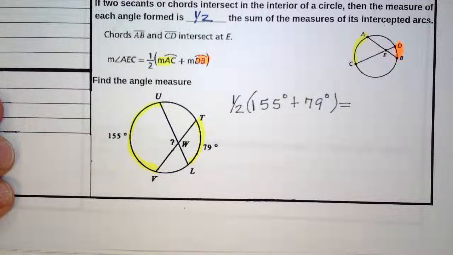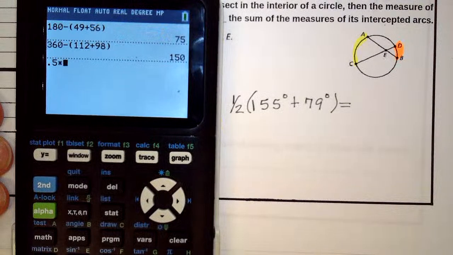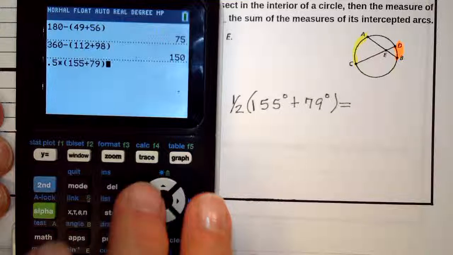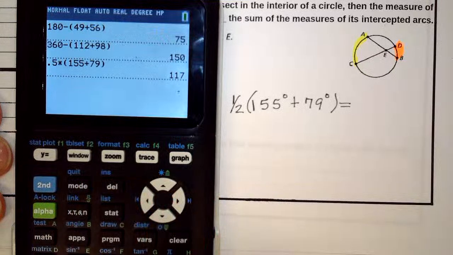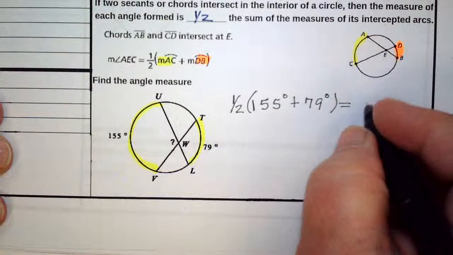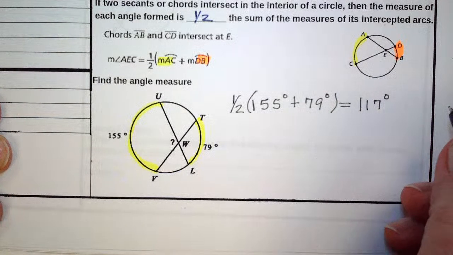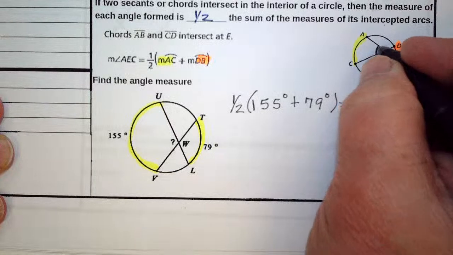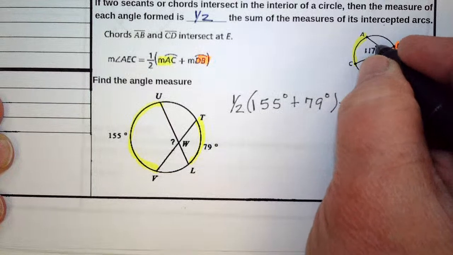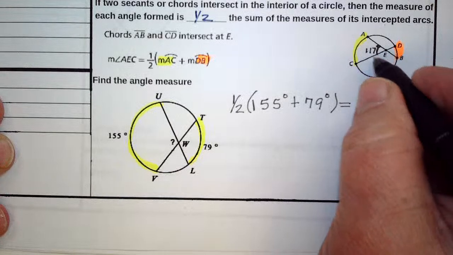To do it all at once in my calculator, I'm going to use the decimal point 5 times parentheses 155 plus 79, close it off, and I get 117 degrees. That is my 117 degree angle. What would this angle here be?